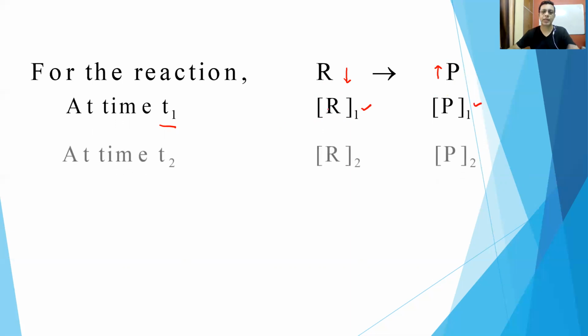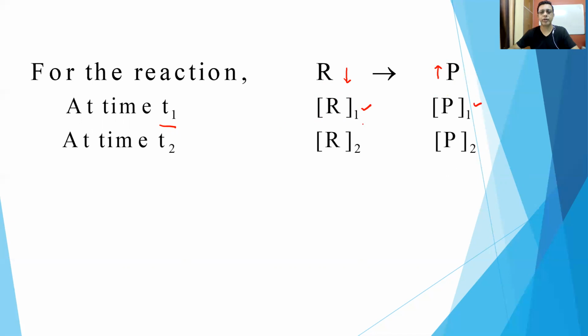After some time, when the time becomes T2, the reactant concentration becomes R2 and the product concentration becomes P2. Now, since the reactant concentration decreases with time, here R2 is less than R1, and the product concentration increases with time, so P2 will be greater than P1.